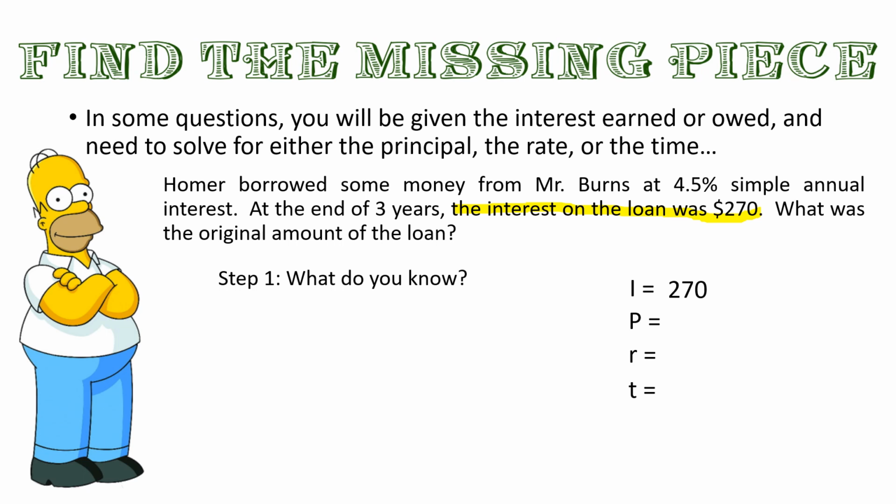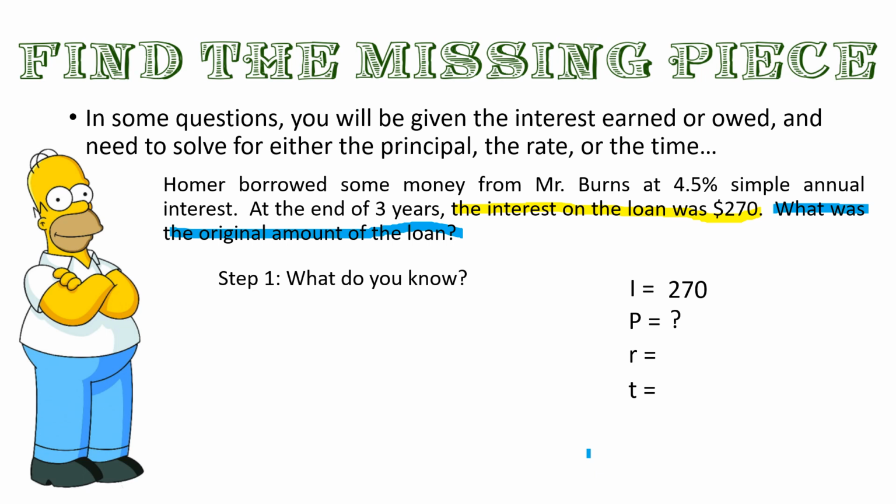Now let's look back and see if we can figure out what the principal was. Remember, the principal is always going to be the original amount invested or the original amount borrowed. And if you look back at this question, you'll see that's what they're asking you for. They're asking you what was the original amount of the loan. So the P is going to remain a question mark. Let's look and see if we can find the R, or the rate.